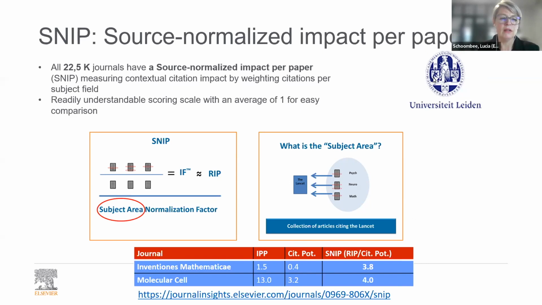For Molecular Cell, the actual impact per paper is 13.0 and the citation potential is 3.2. So you can see these two journals, although their raw citation impact is very different, when normalized for their citation potential are actually very close to each other. So normalization is very important, with the added benefit of the SNIP having a 1.0 average, which makes it useful to do comparisons.